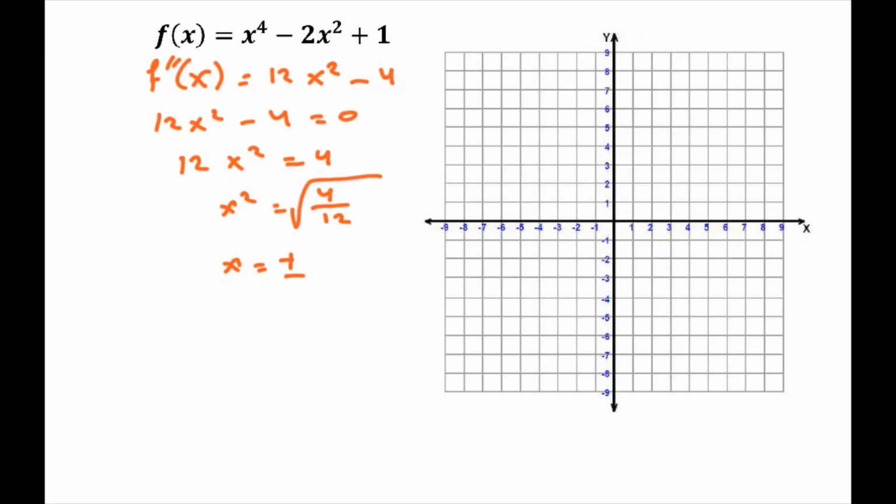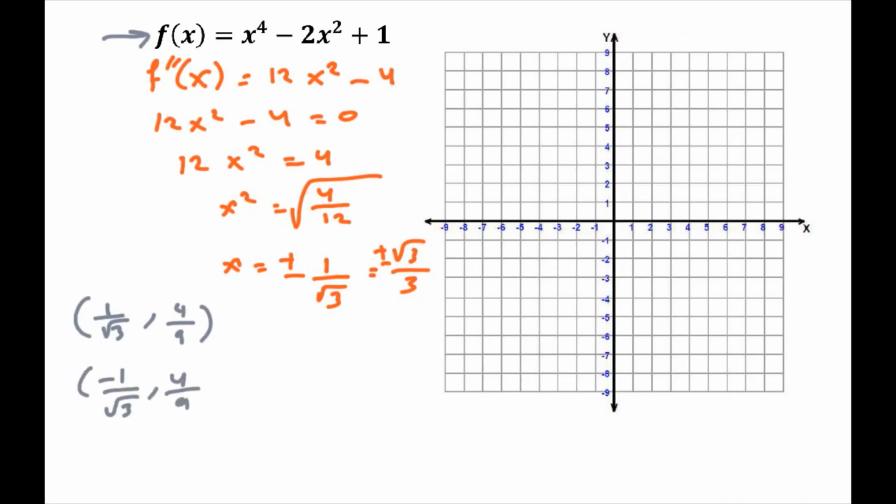So it's going to be positive or negative 1 over square root of 3, or you can say square root of 3 over 3, but positive and negative sign. So these are inflection points. If I find the exact value, I could say positive 1 over square root of 3, 4 over 9, and negative 1 over square root of 3, 4 over 9. You can substitute it in f(x).